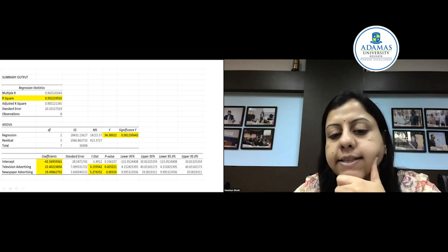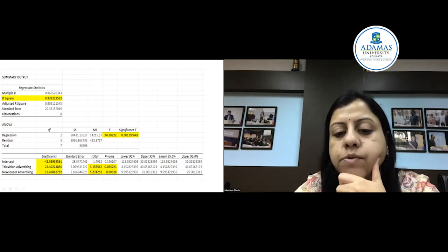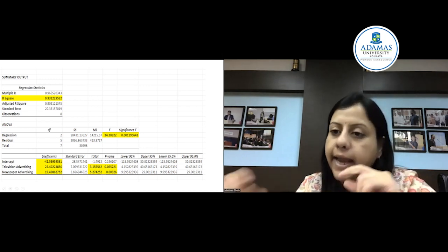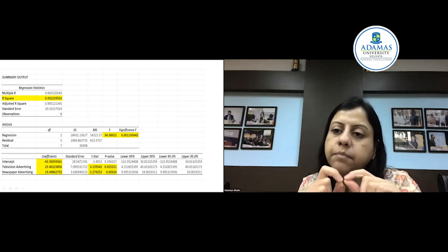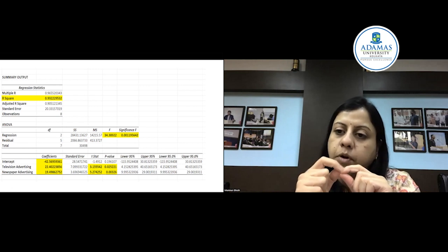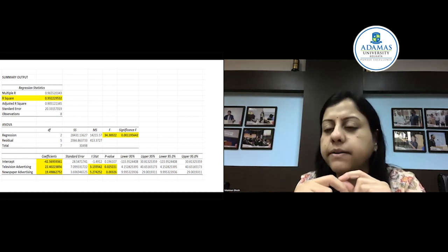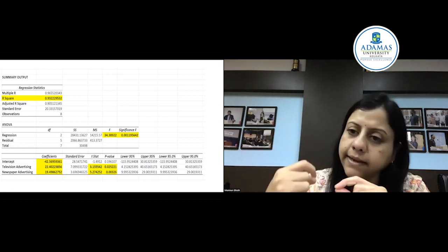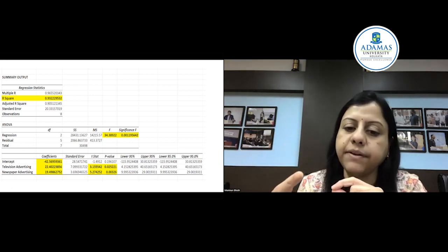And these t-stats, as well as these two p-values coming less than 0.05, are important because individually they talk about the relationship of the first independent variable with the dependent variable, then the second independent variable with the dependent variable.